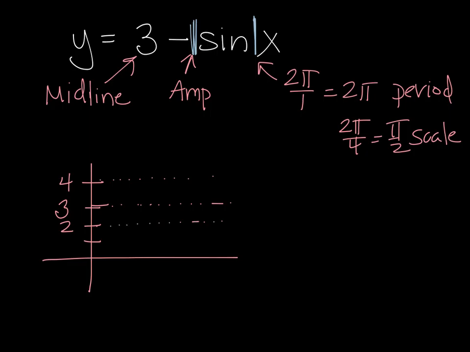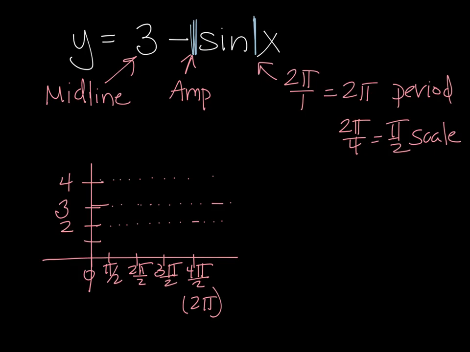The amplitude is the number of spaces above the middle and below the middle that you get to count. Our x-axis scale will start at 0, and then we'll go to pi over 2, 2 pi over 2. You can write pi if you want, since the 2's cancel. 3 pi over 2. And 4 pi over 2, which is 2 pi, which is the period. So we know we're done.